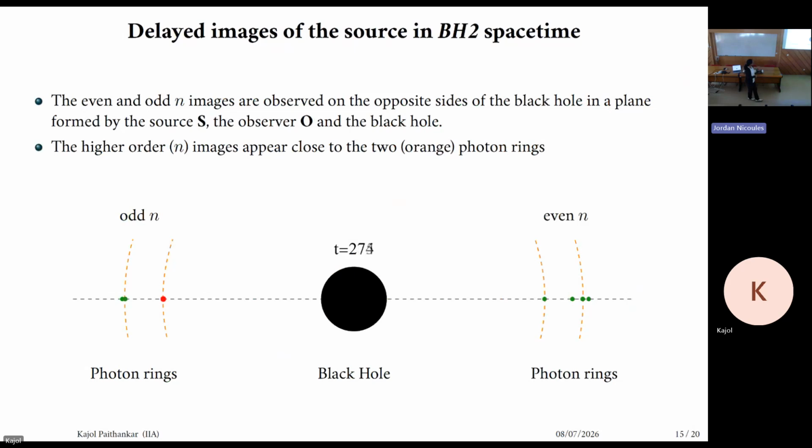The same thing is 7,1, 7,2, and 7,3. Then again the n equal to 8th order images will appear here, and 9th order images will appear here. But the duration of time between the two orders is much more than those of 3 images of the same order. So if we choose an appropriate time, then we'll be able to see 3 images.